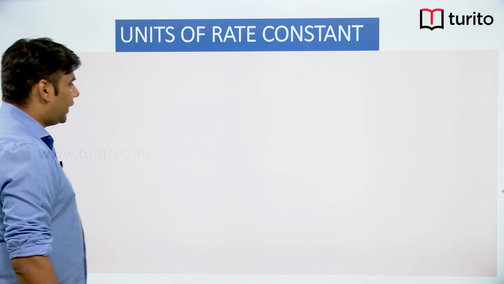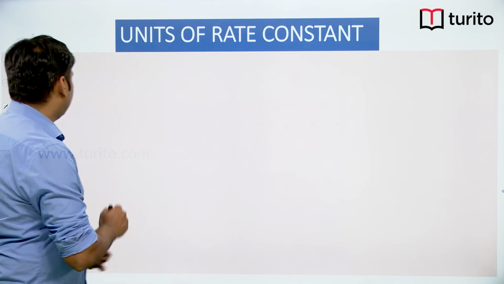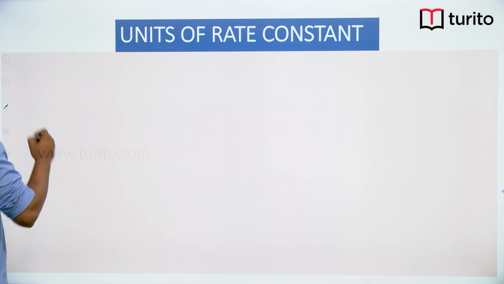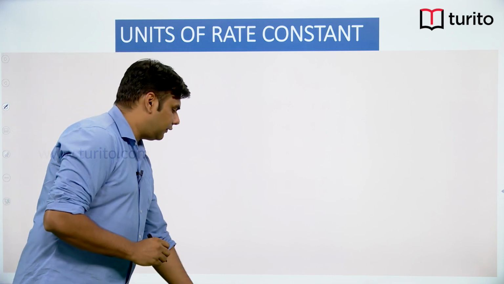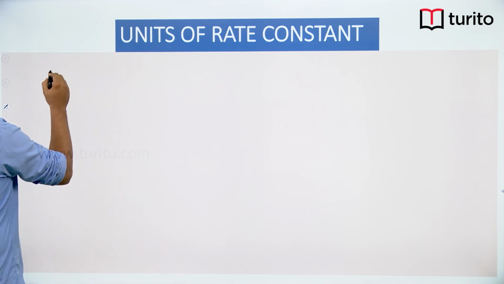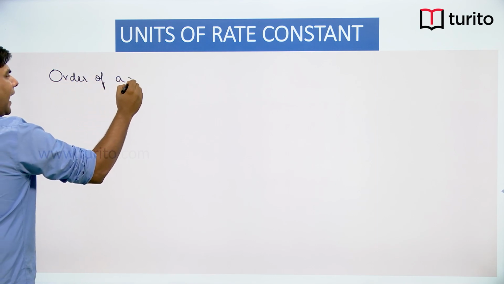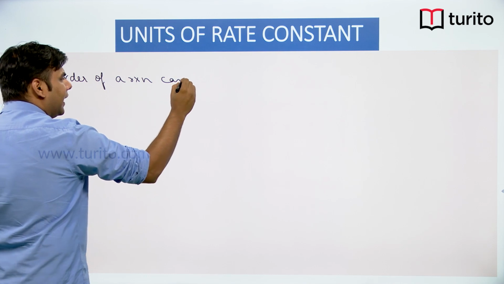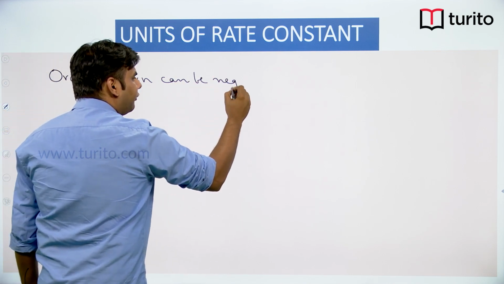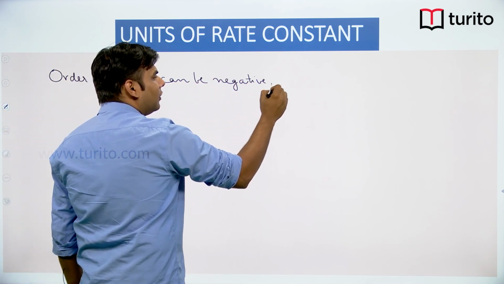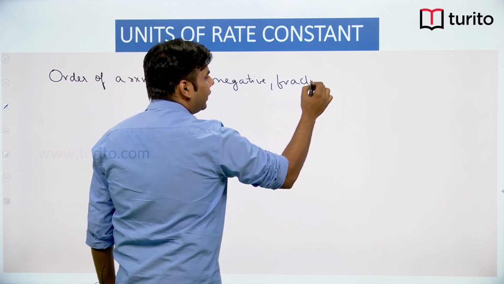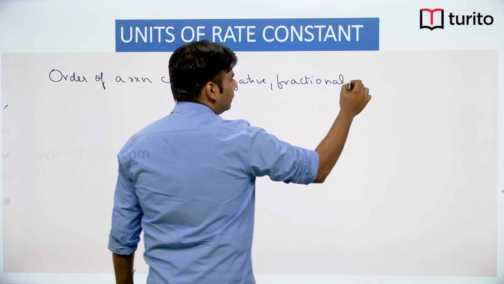So now let us understand the units of rate constant. Okay. So let us define first. Now one important thing which I forgot to say is that the order of a reaction can be negative, fractional or integral. Okay. So order can take any value.